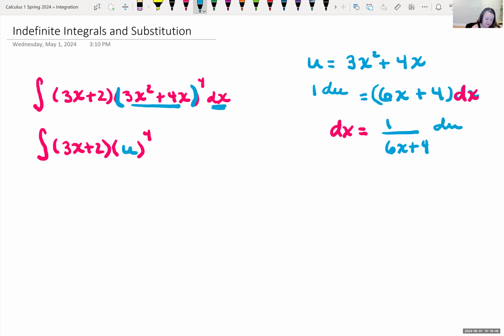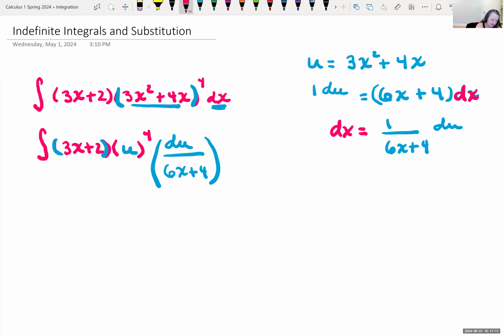So dx is du all over 6x plus 4. I noticed that in my denominator I have 6x plus 4. If I factor out a 2 in that denominator, I would have the same factor that I have in my numerator up here, 3x plus 2.